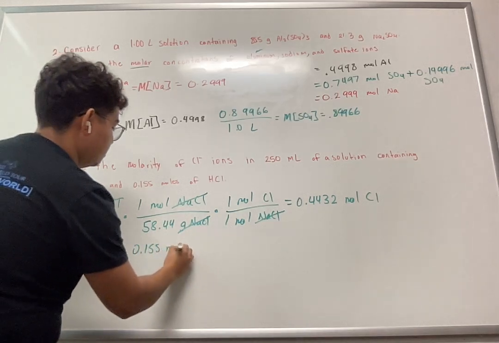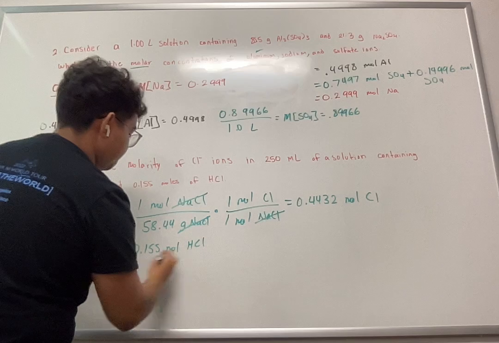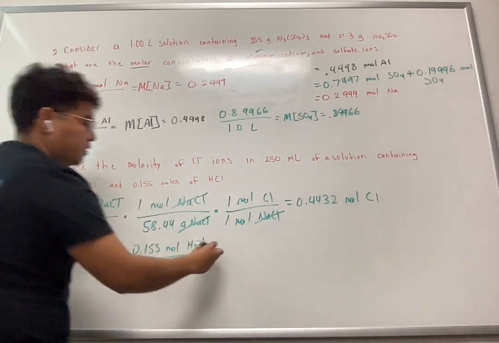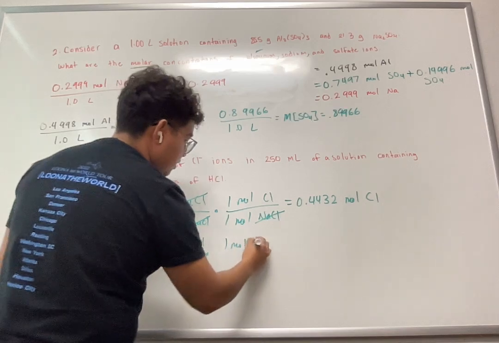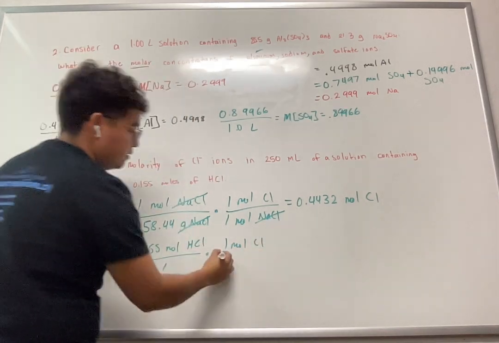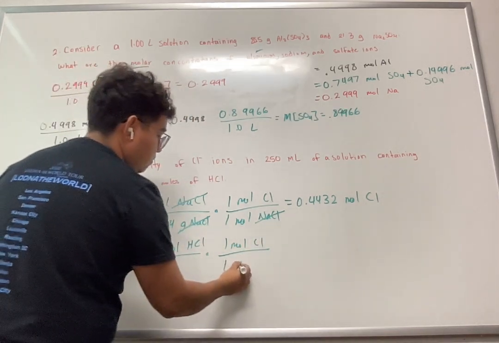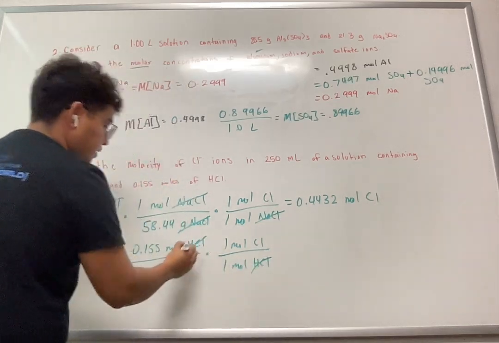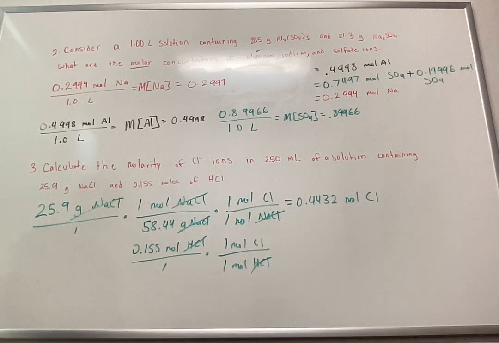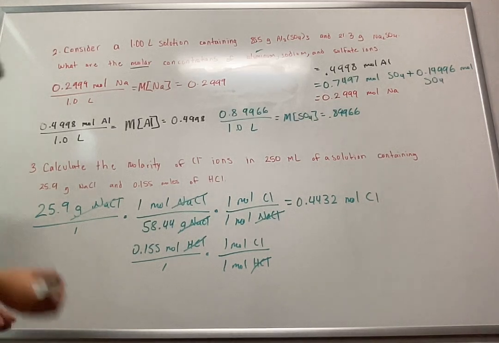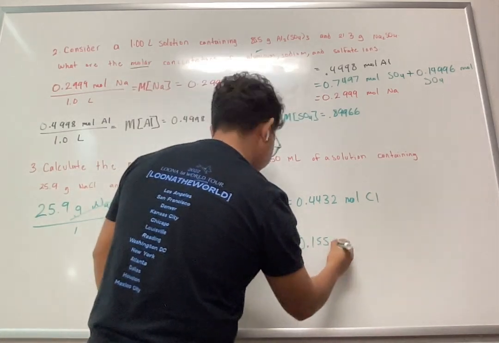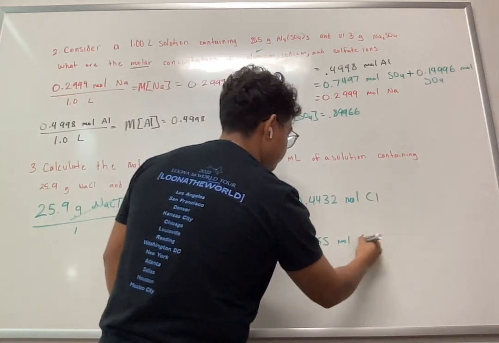0.155 mole of HCl over 1 times, remember we only want Cl, there's only 1 mole of Cl in 1 mole of hydrochloric acid. So this cancels out, and we end up with moles of chlorine. So 0.155 times 1 over 1, that's the same thing, equals 0.155 mole of Cl.